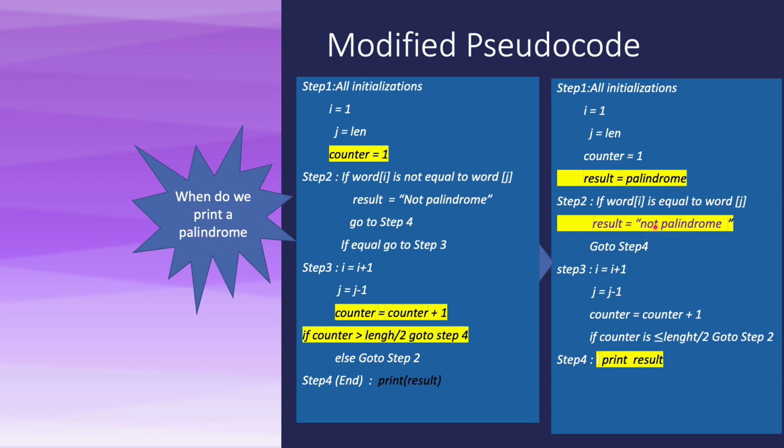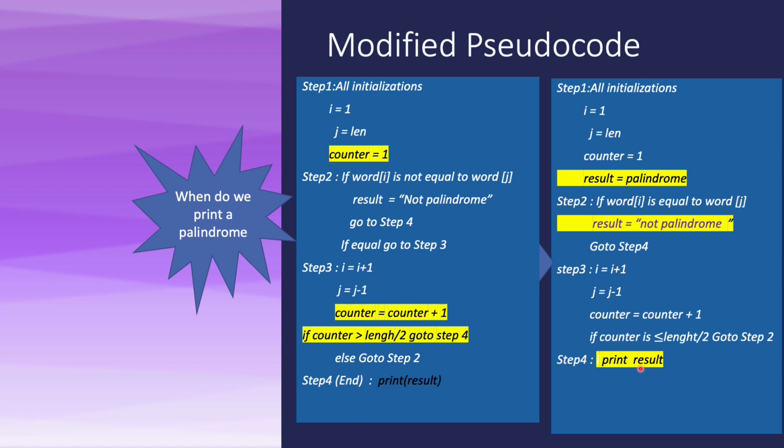If we don't get this result as not palindrome, when we go to step 4 and print the result, we are going to print this result if we have not negated it. Let me repeat that one more time. In the beginning, we assume that the result is a palindrome. If it is not, somewhere we are going to reassign the result a value as not a palindrome. So in either case, when we go to step 4, we get the correct result.